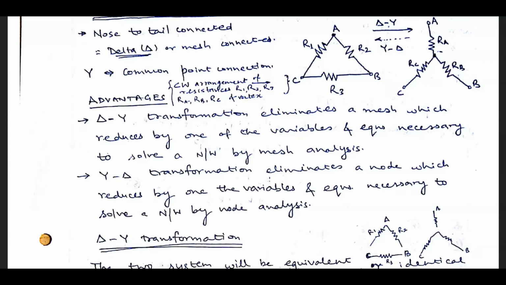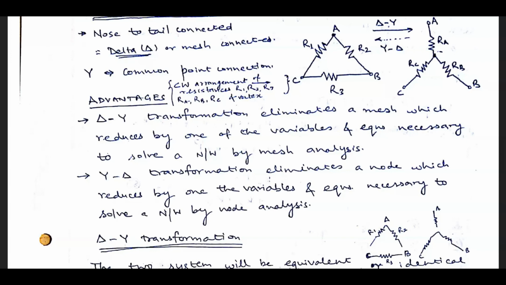Okay. So first thing first. Next is the resistances nomenclature. Resistances are given as R1, R2, R3 again in clockwise notation, and RA, RB, RC in star connection again in clockwise notation. Okay. So this notation part should be clear.